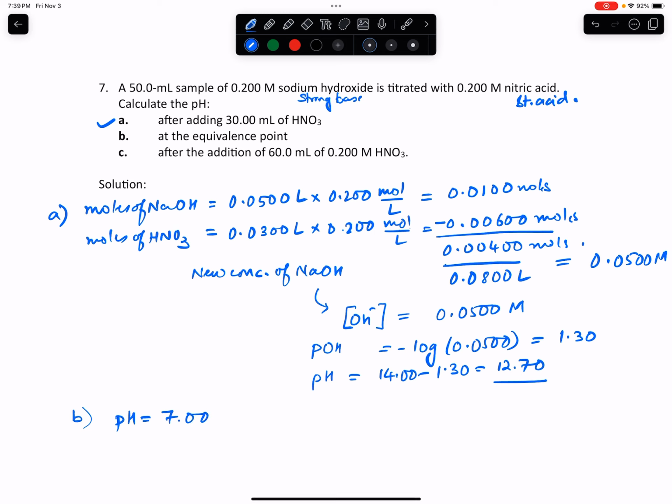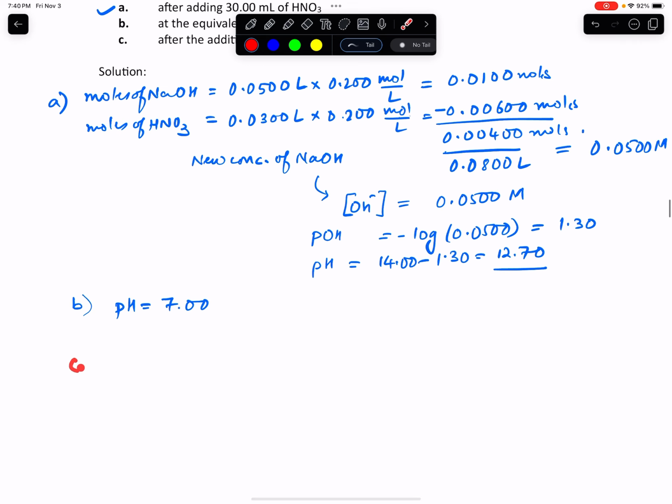The last part of the question is, after the addition of 60 mL of 0.200 molar nitric acid, what is the pH? All we have to do is calculate the moles of nitric acid in 60 mL.